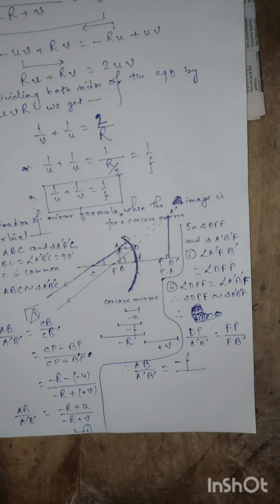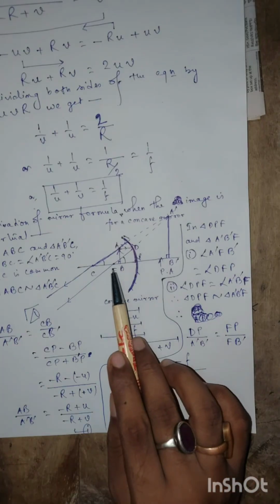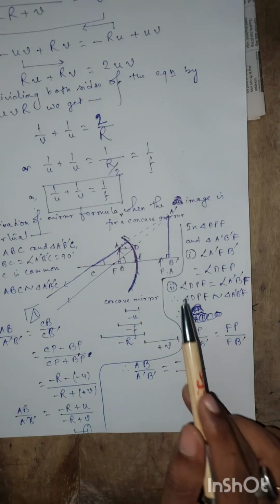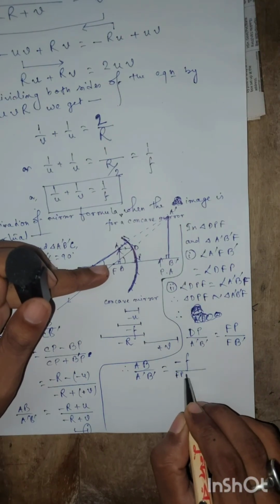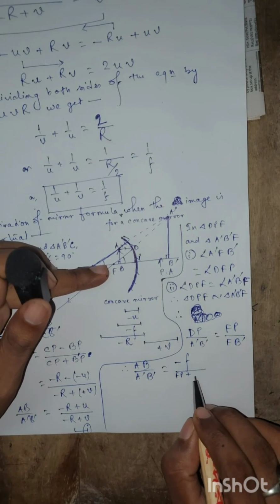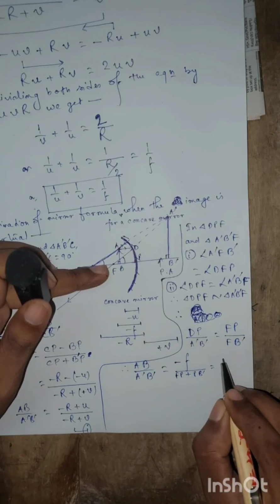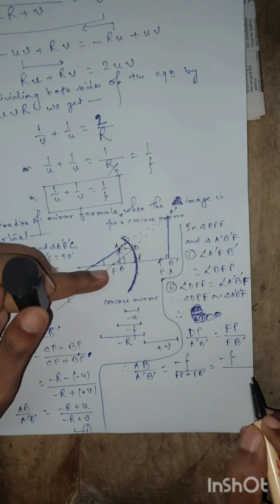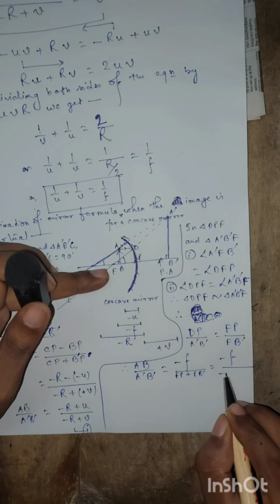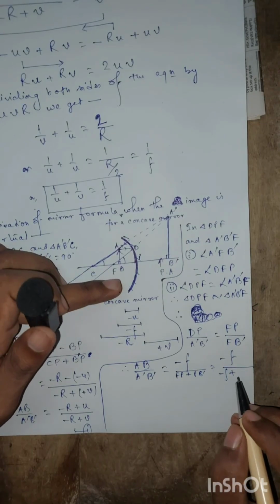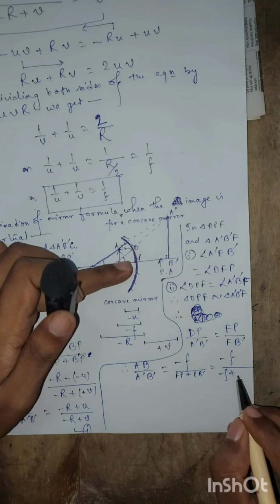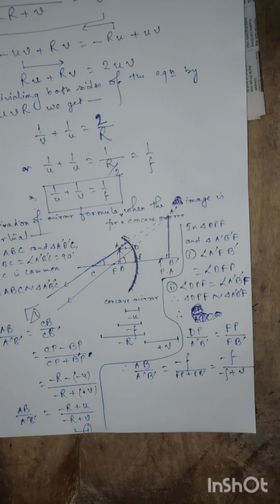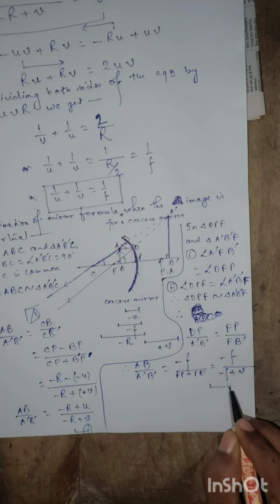Now FB dashed can be written as FP plus PB dashed, which is equal to minus f plus PB dashed, meaning v. So this is what we are getting. This is our equation number 2.